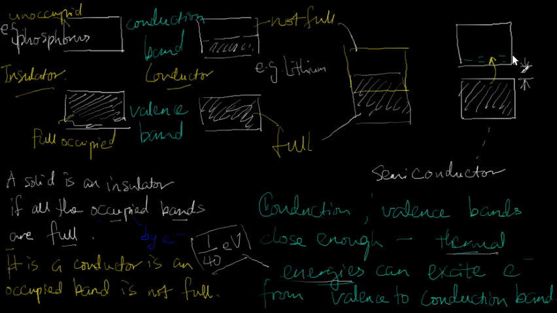Therefore, when there are some electrons in the conduction band, these electrons can conduct electricity. So that's how a semiconductor can become conducting.